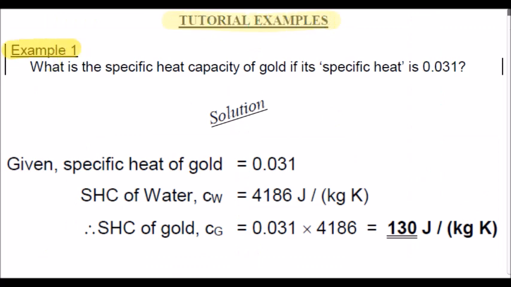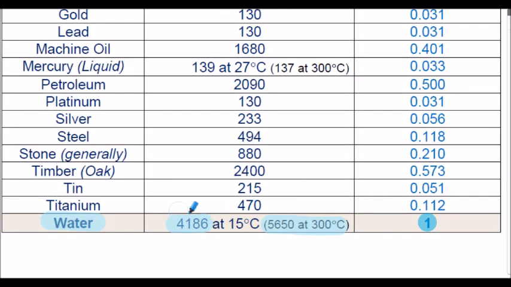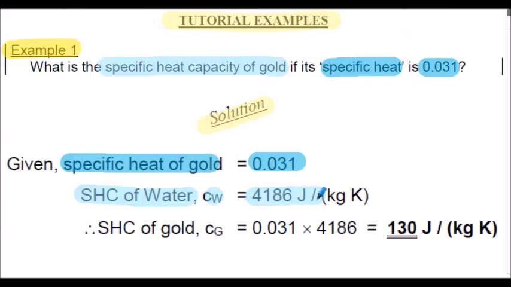Example 1, we've got to determine the specific heat capacity of gold, given the specific heat value of gold is 0.031. Here's our solution. So given the specific heat of gold, 0.031, we need to know the specific heat capacity of water, denoted as C suffix W here, and that's extracted from our table 1, shown here, written in terms of joules per kilogram K here.